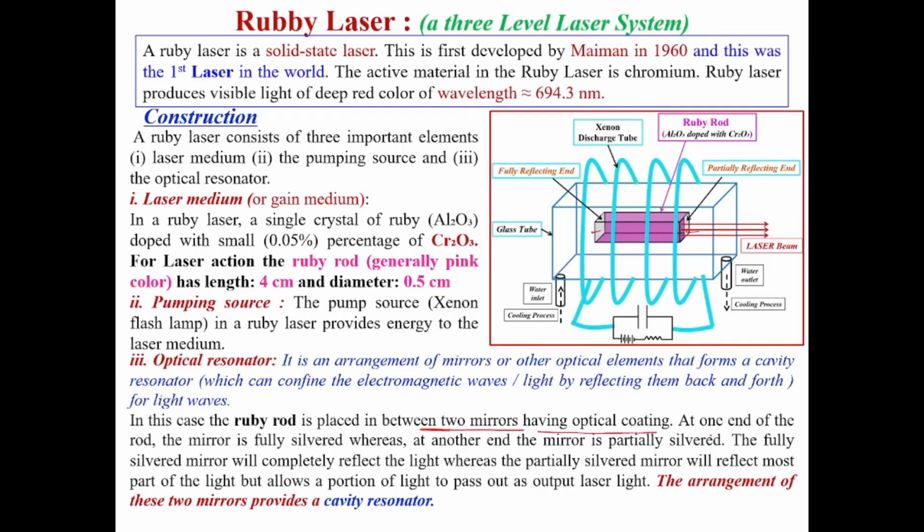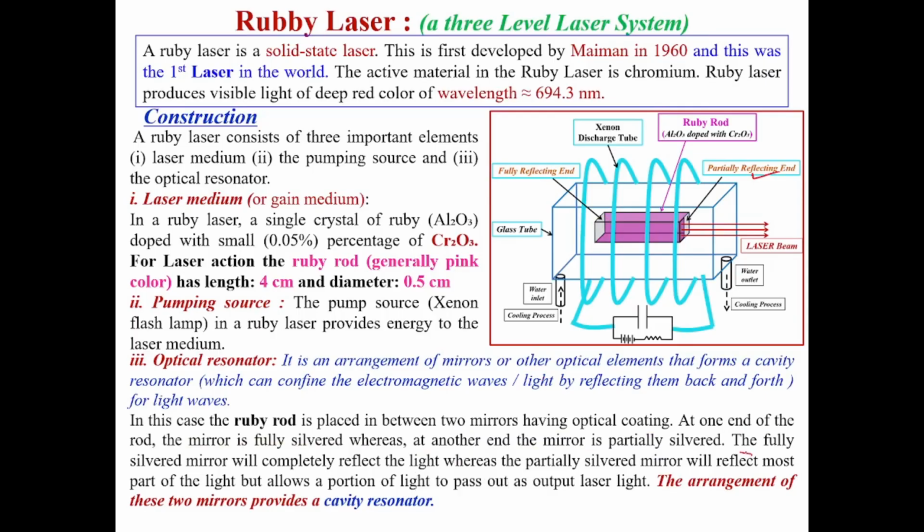The mirrors have optical coating. At one end of the rod, the mirror is fully silvered. You can see this fully silvered mirror, or you can write fully reflecting end. At another end, the mirror is partially silvered. This is the partially silvered mirror, or you can write partially reflecting end.